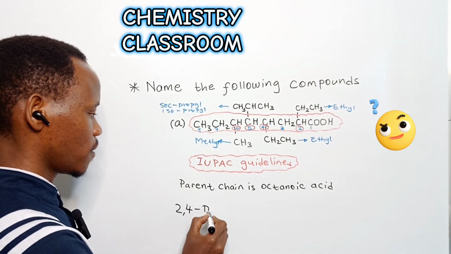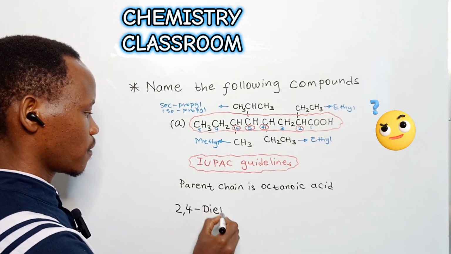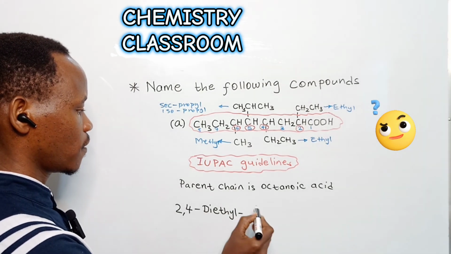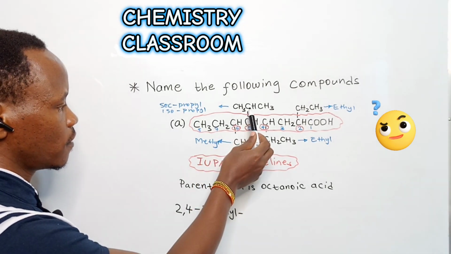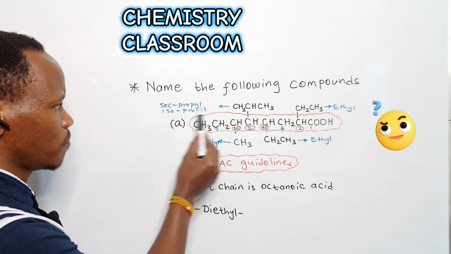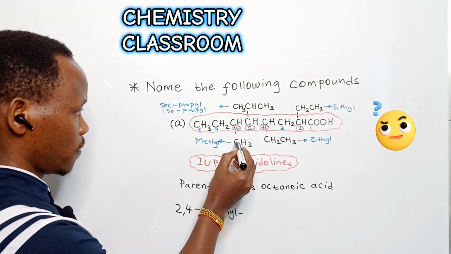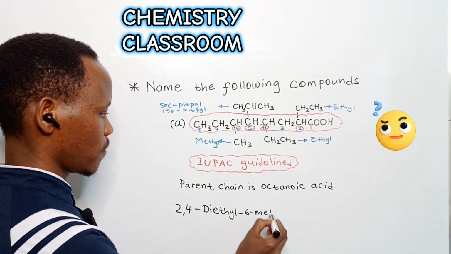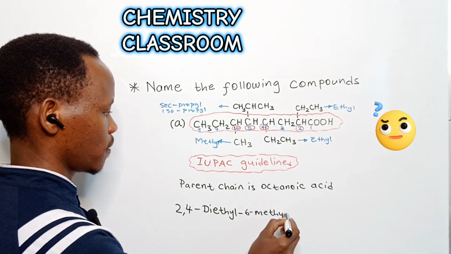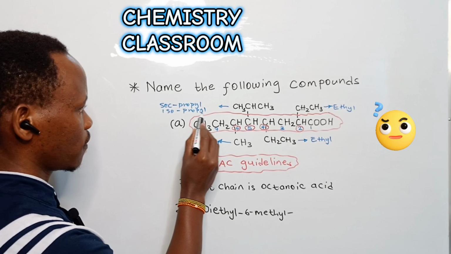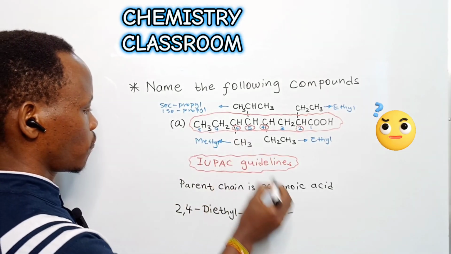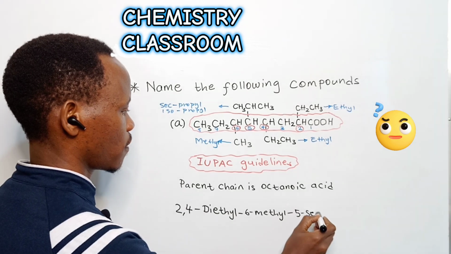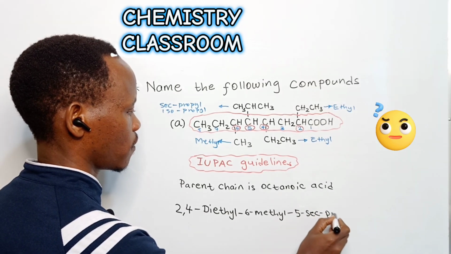There are two similar ethyl substituents, so it becomes diethyl, and then this and this, depending on the name that you use, 6-methyl precedes or is alphabetically superior to 5-secondary propyl.